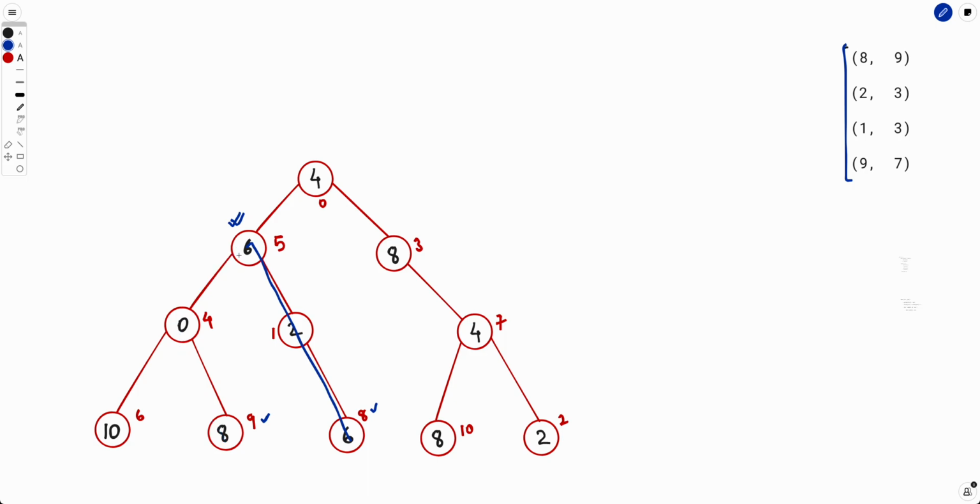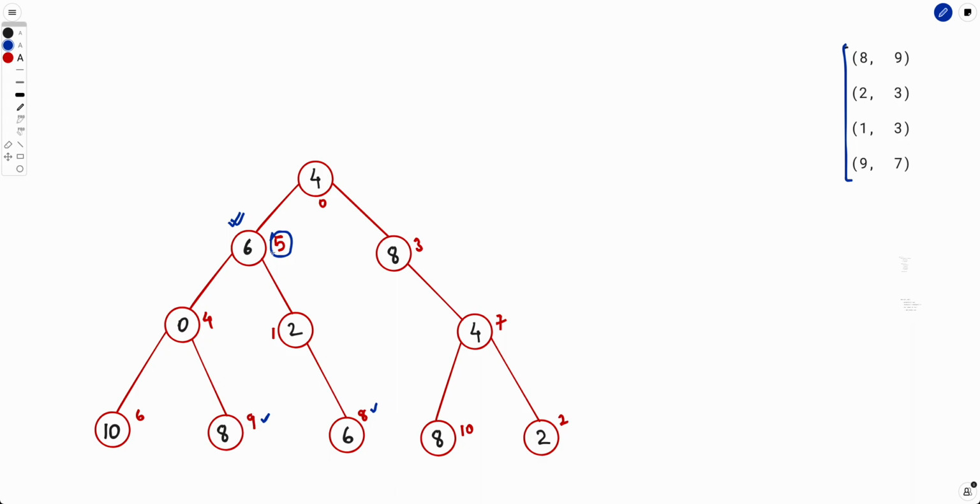So once you figure out 5, what you can simply do is go up from 8 until you hit 5, and whatever nodes you encounter, all those nodes would be part of your path. Similarly, you will apply the same process for the next node, from 9 as well.